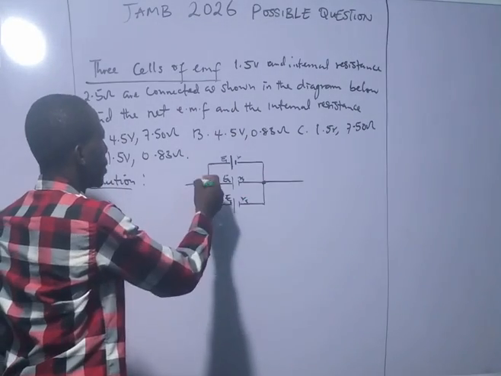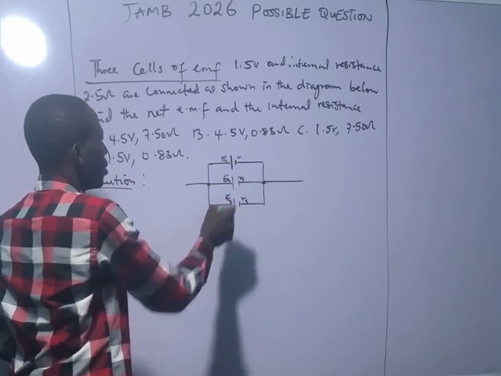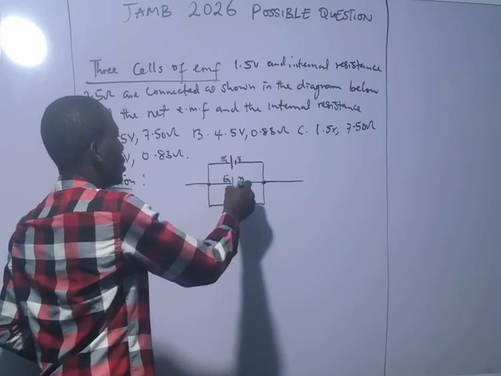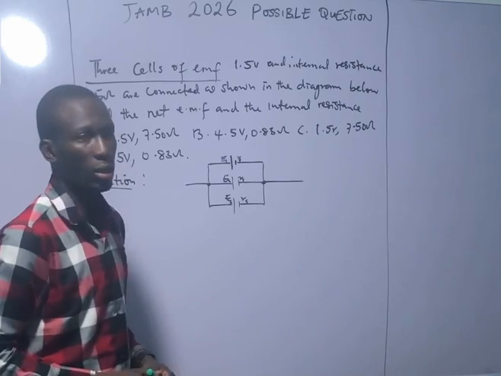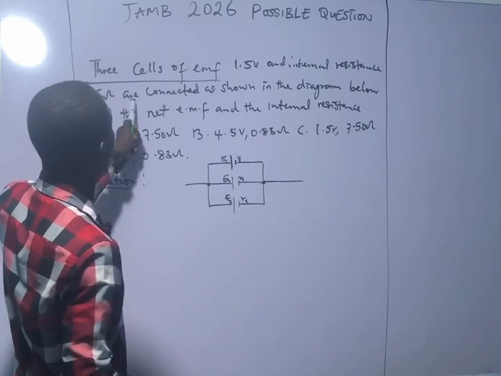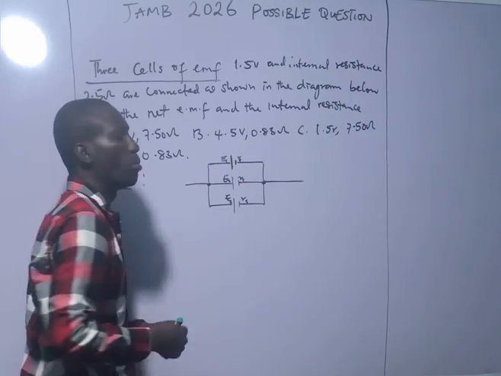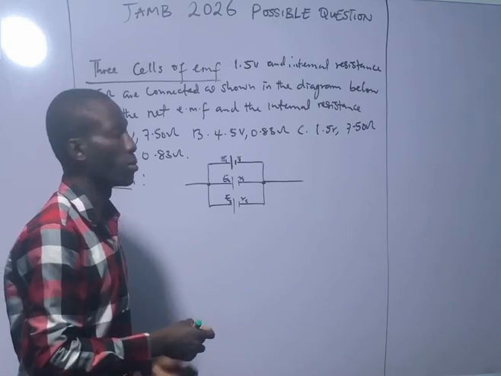If you look at the diagram, you will notice that this is your first cell, your second cell, and your third cell. And then this is the first internal resistance, the second internal resistance, and the third internal resistance. And the cells are connected as shown in the diagram below. So if you look at this diagram, you know that this is a diagram in parallel connection.